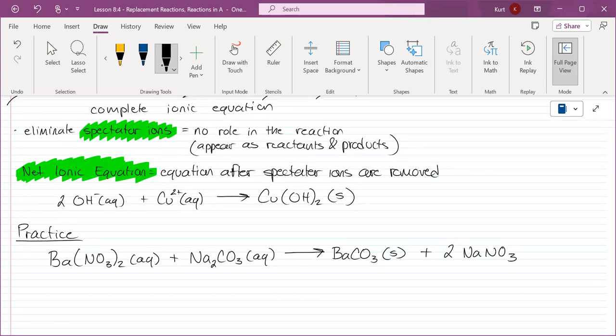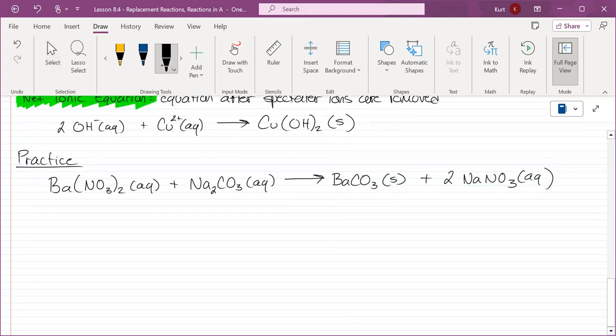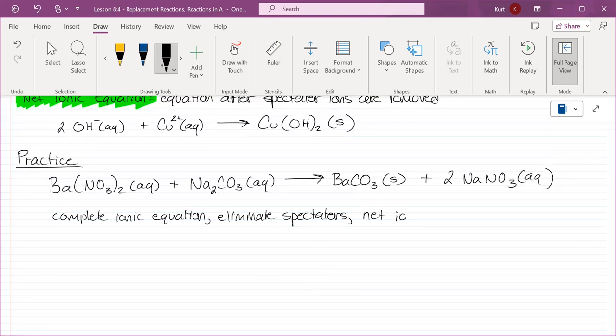Okay. Your job is to identify the complete ionic equation, eliminate these spectators, and have a net ionic equation.